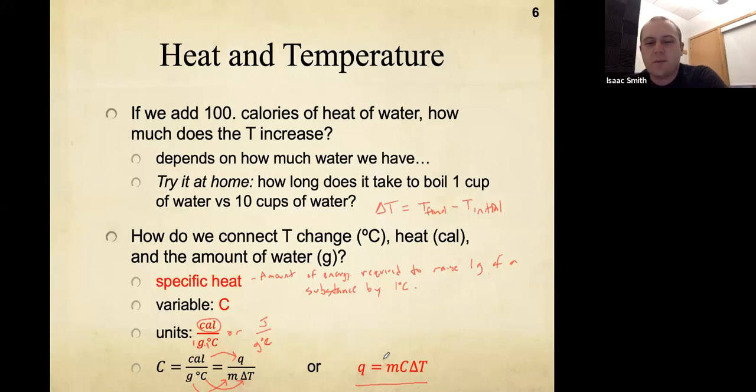You'll often hear me just reference Q equals MCAT because it's easier to say and it helps you memorize the equation better. So Q, the heat, equals MCAT, mass times specific heat times the change in temperature, or delta T. This is the equation that you're going to use for all of these heat and calorimetry problems, and we're going to talk about that coming up here.